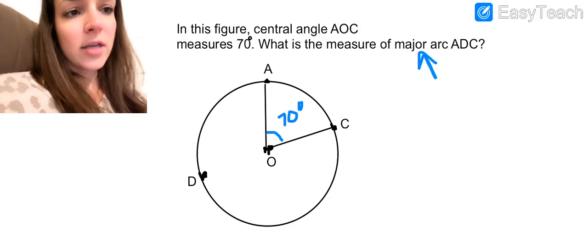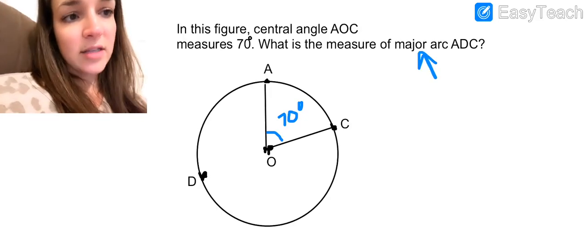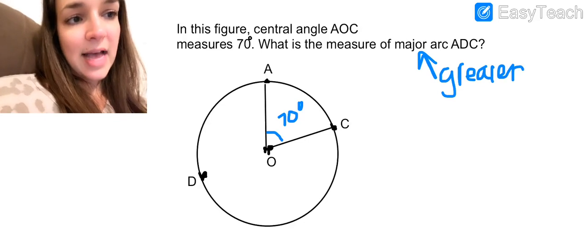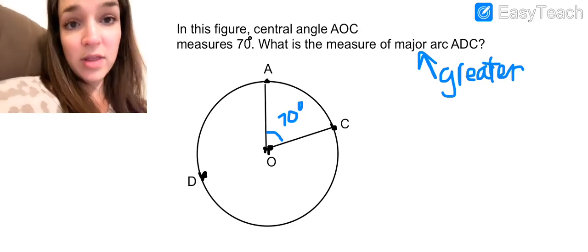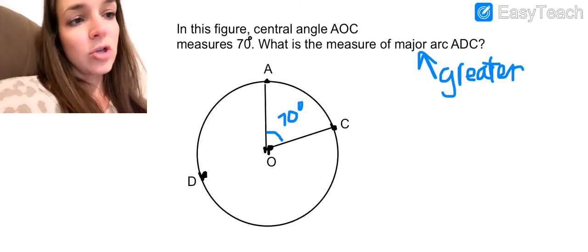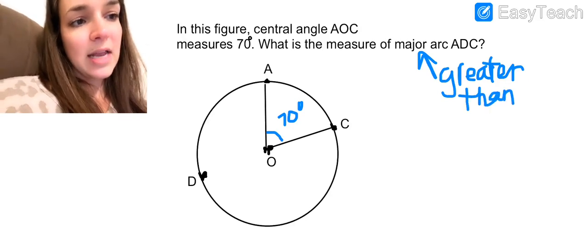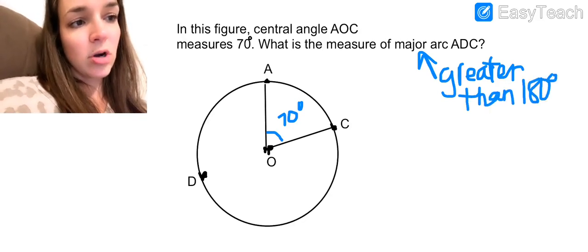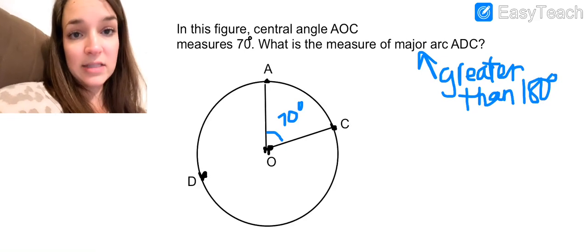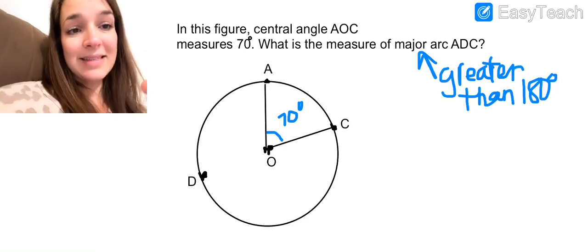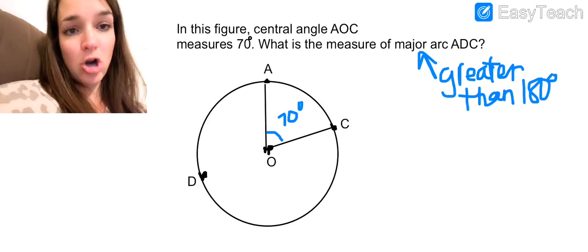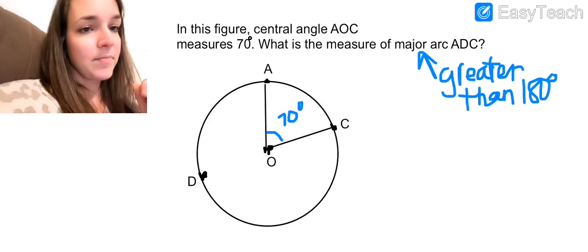A major arc is always going to be the arc that is greater than 180, because 180 is half. So a major arc is going to be more than half of the outside of the circle. So greater than 180 is going to be a major arc, okay? A minor arc would be less than 180. So AC would be the minor arc. ADC is going to be the major arc, if everybody sees that.